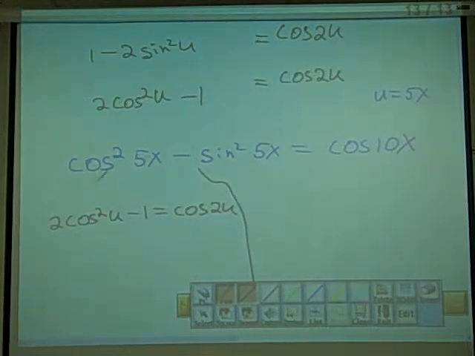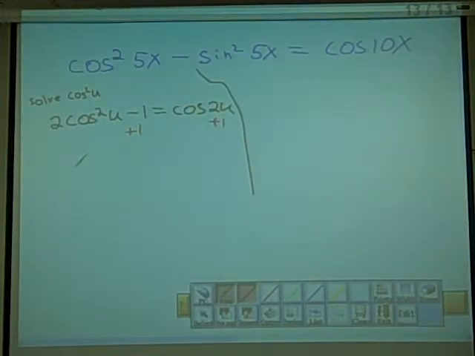And let's just solve for cosine squared u. So that means we have to add 1 to both sides. The reason we're doing this is we want to go from cosine squared to cosine 2u. We want the problem to have cosine 2u in it. Right now it has cosine squared in it, so we want to go to cosine 2u.